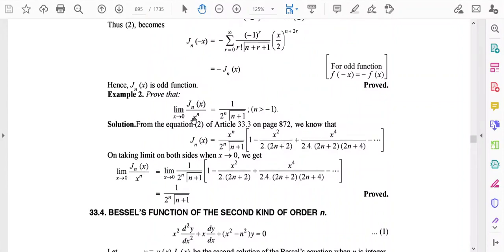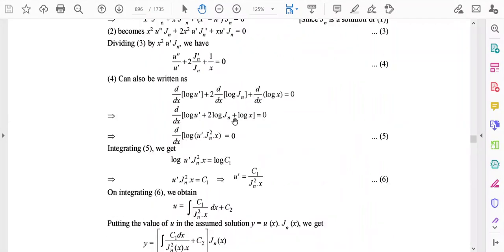This one, limit x tends to 0, Jn(x) by x to the power n is equal to 1 by 2 to the power n gamma n plus 1. We have to see example 2 very clearly for the derivation. So we are just using that result only.